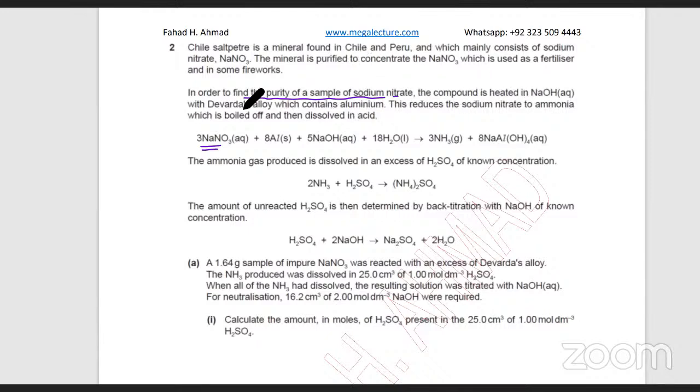The compound is heated in NaOH with Devarda's alloy, which contains aluminium. Ammonia is boiled off and then dissolved in acid. So the ammonia gas is produced, and then it's further dissolved in excess sulfuric acid.